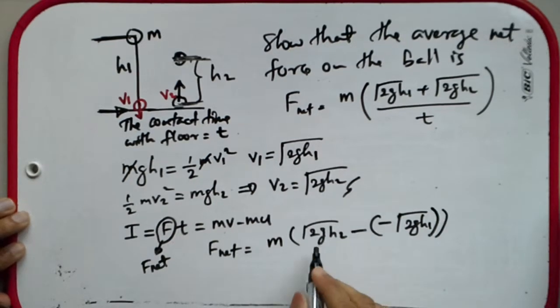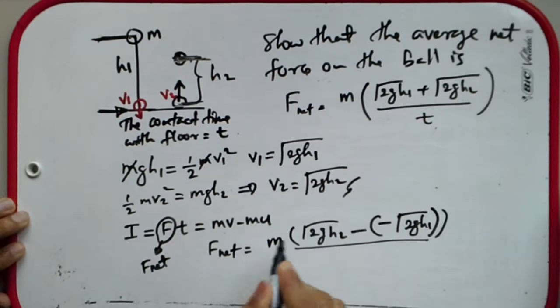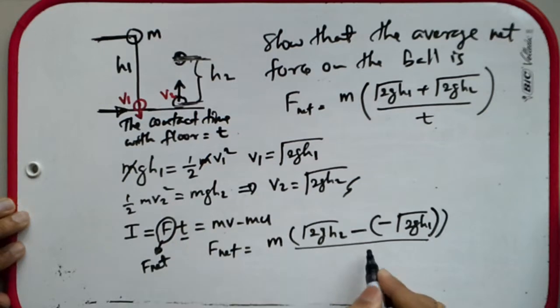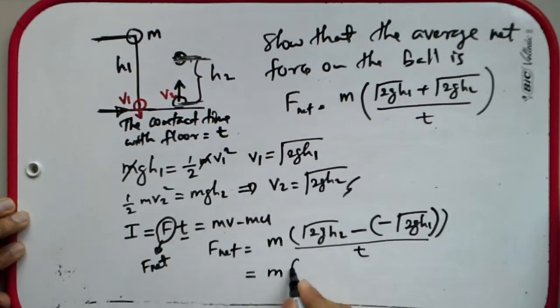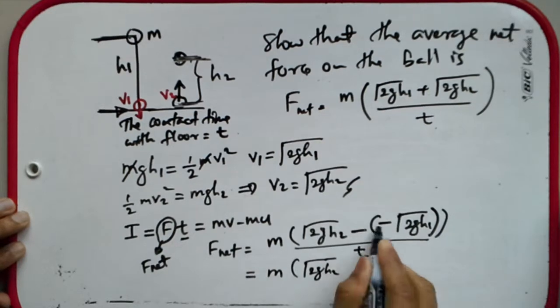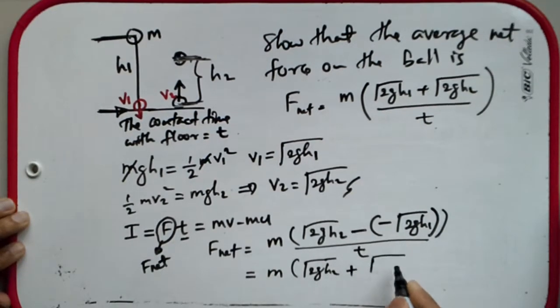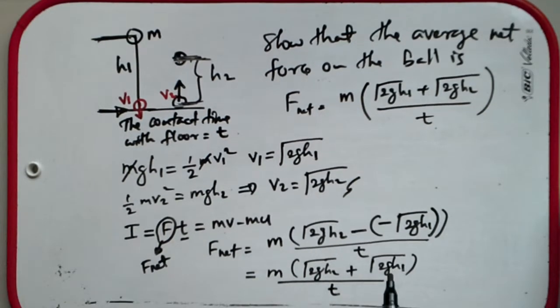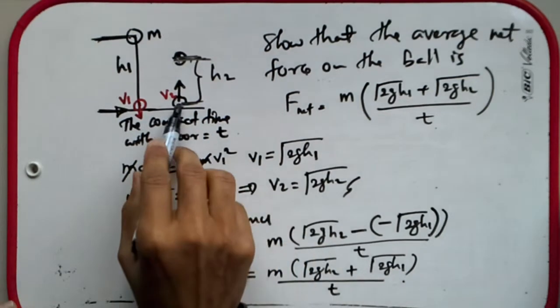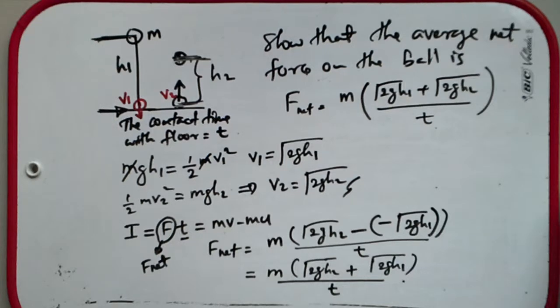And I have to divide by time. You see here we have time, so I'll divide by time. So from here I get m times square root of 2g h2, minus into minus becomes plus, square root of 2g h1 divided by t. So this is the net force on the ball.